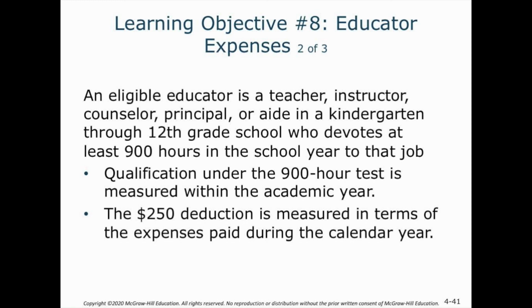But it's also important to note that even though that qualification test is measured within the academic year, that being fall to spring, the deduction itself for the expenses is measured in terms of the calendar year. So spring first and then fall, which also lines up with our tax year.